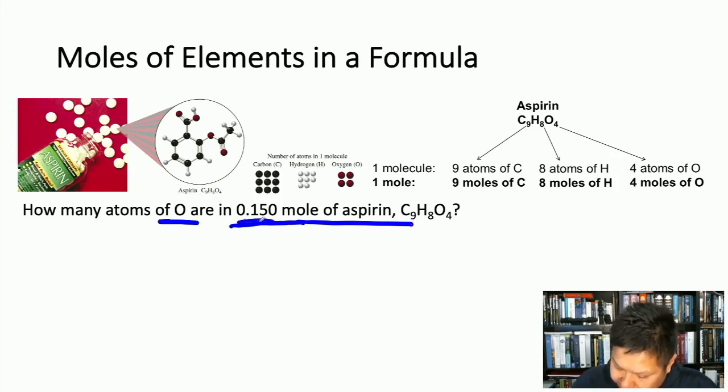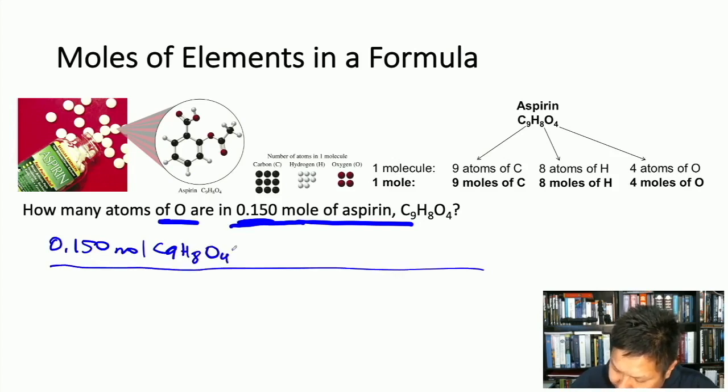So you'll start out with the number of moles again, 0.150 moles of aspirin, but I don't want to write out aspirin. We'll just write down this formula, C9H8O4, right? And we begin our dimensional analysis.